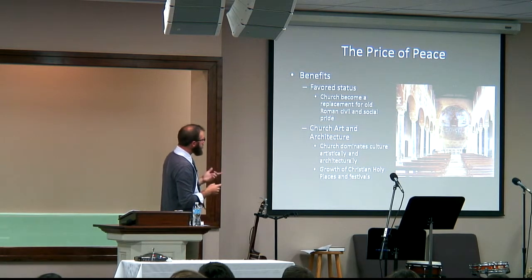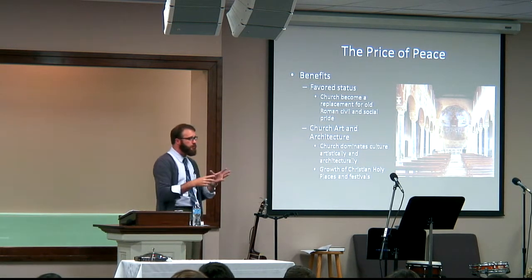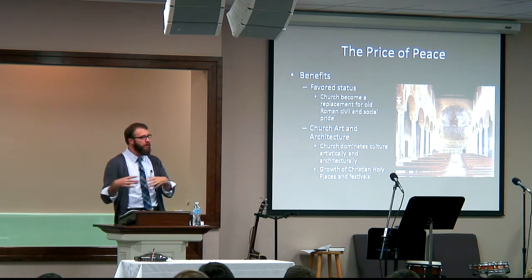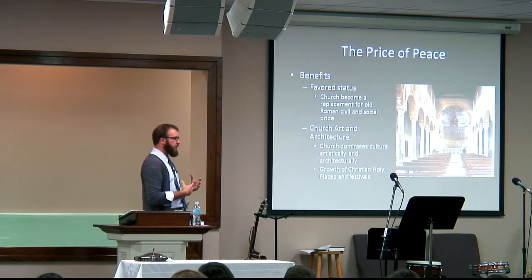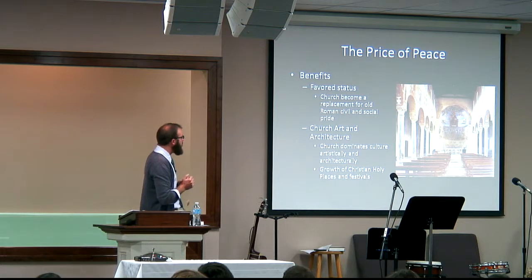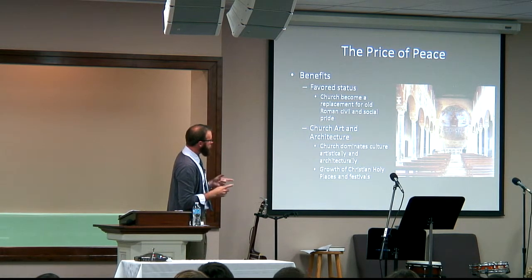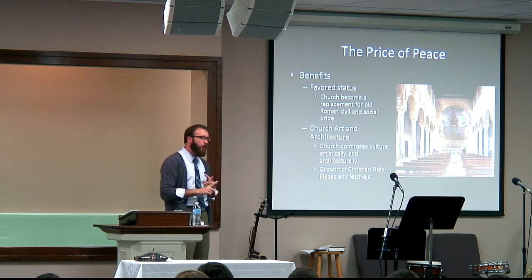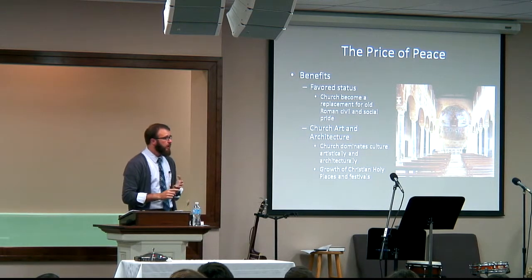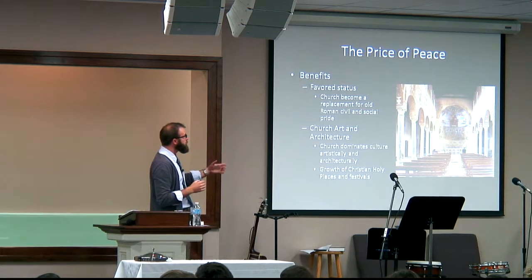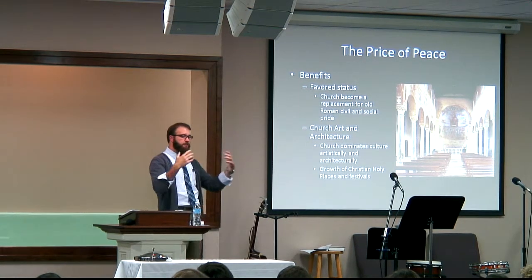And also the growth of Christian festivals and holy places, to replace pagan festivals and holy sites. You have the church stepping in and filling that. So we have evidence, even before the time of Constantine, of shrines for Peter and Paul, three of them in Rome, and a number of other ones. But once Constantine comes to power, this is going to expand greatly.